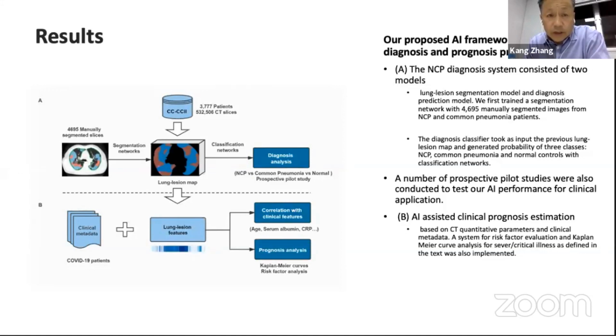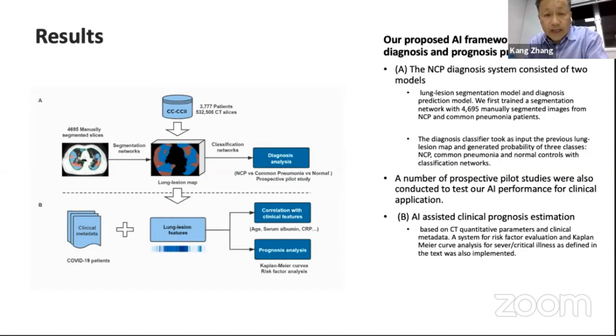Therefore, our colleagues, 40 radiologists, painstakingly painted slices pixel by pixel, about 5,000 slices. From those slices, we trained the classifier to segment those lesions, 6 types of lesions, and then we also classify.